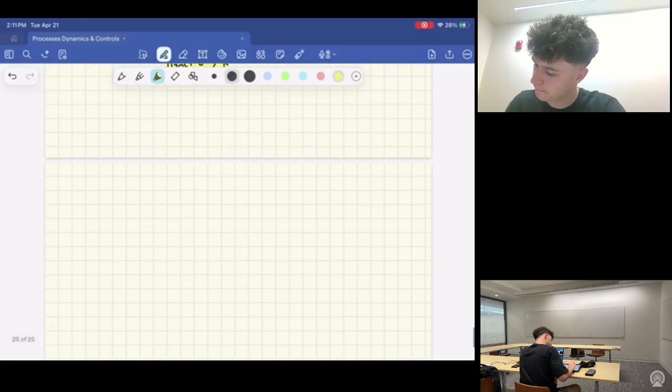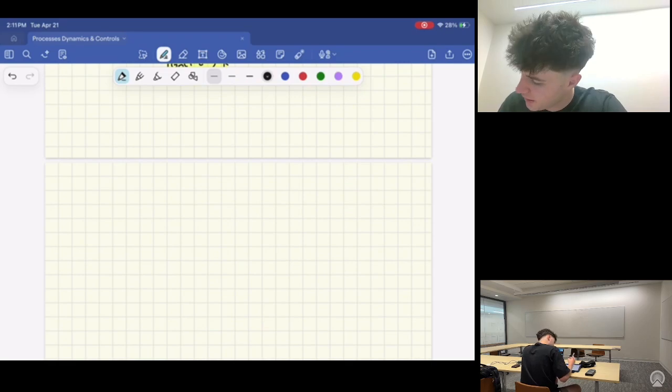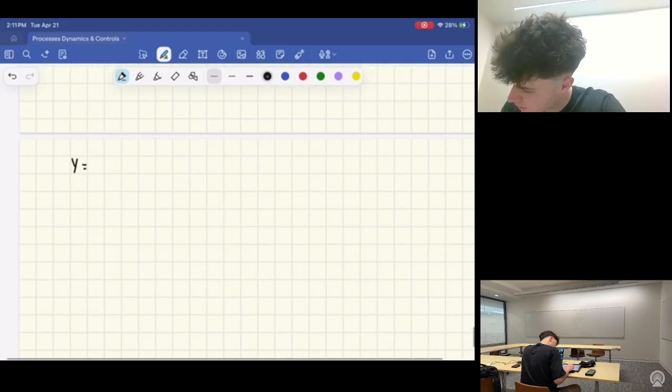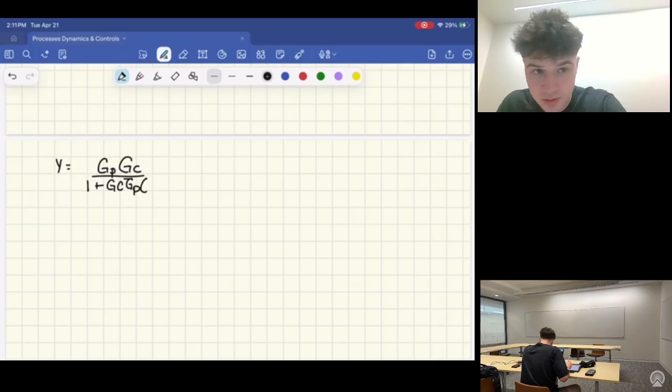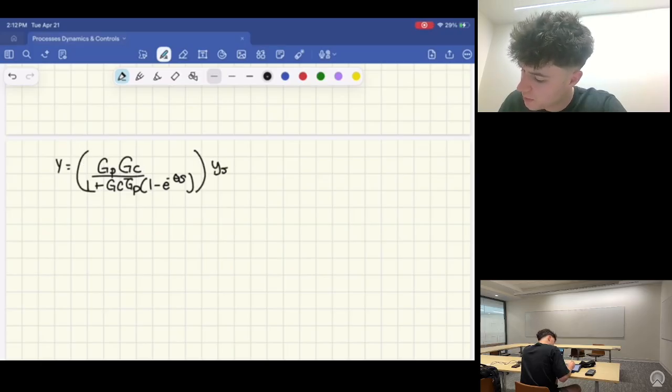The first equation that we have is Y, which we are solving for. Y is going to be equal to GP times GC divided by 1 plus GC G bar P times 1 minus e to the negative theta s, and then all of this will be multiplied by YSP. We're going to rewrite this as a variable, alpha.